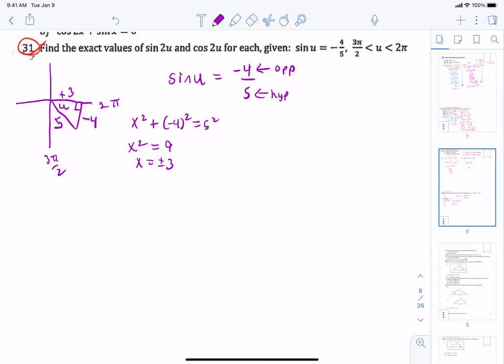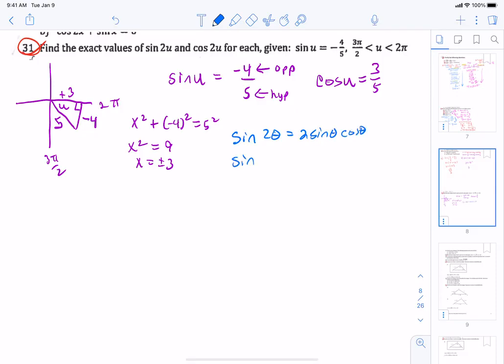So what do we know? We know the sine is negative 4/5. We know the cosine is 3/5. And if we needed the tangent for some reason, we'd just do opposite over adjacent. Okay, so now let's apply the formula. If you look over here to the left, the sine of 2 theta is 2 sine theta cosine theta.